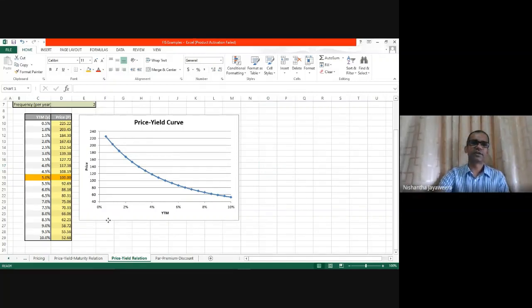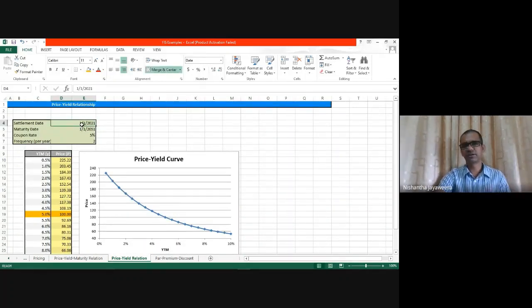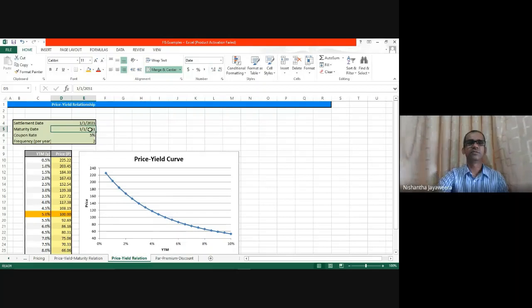So you can try this by yourself. You select whatever settlement date and maturity date you want, and price it. So now this is about a 30-year bond, you can see what's the price relationship.